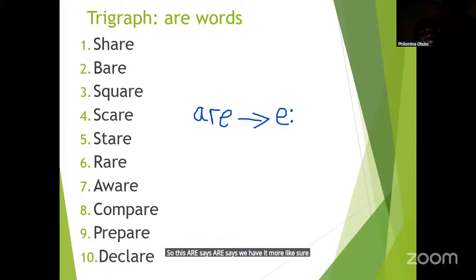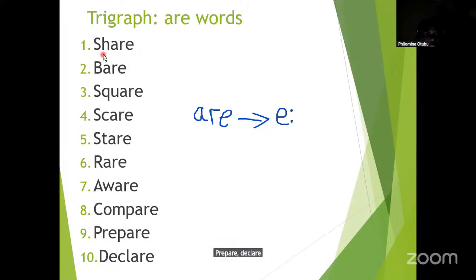We have it more like sure, beer, square, stir, rare, aware, compare, prepare, declare.